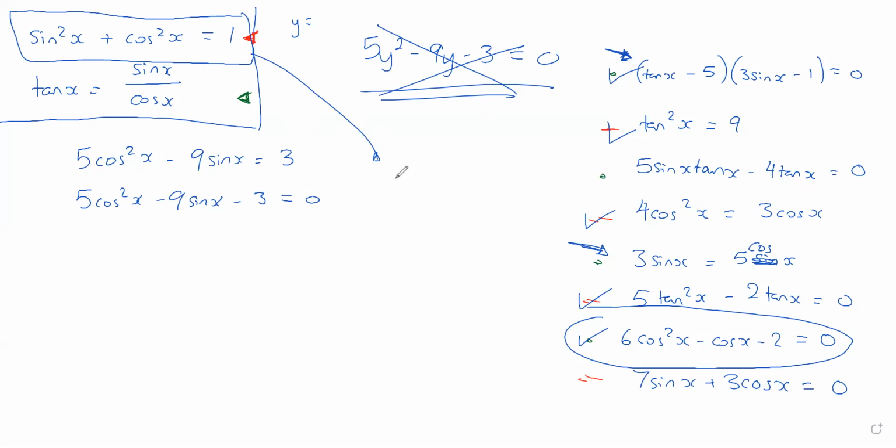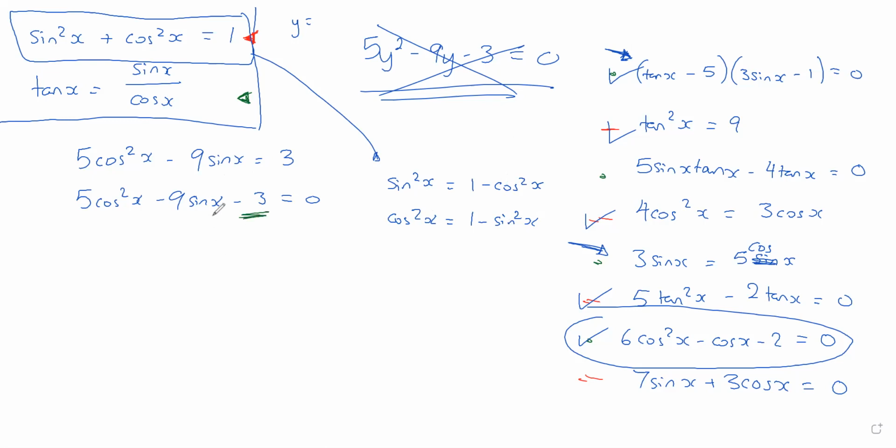If I rearrange that, hopefully you can see that sine squared x can be written as 1 minus cos squared x. Or if I wanted cos squared x as the subject, I could use 1 minus sine squared x. Does that make sense? So here's the situation we have. This 3 is fine.